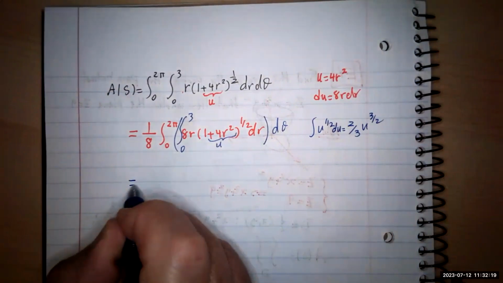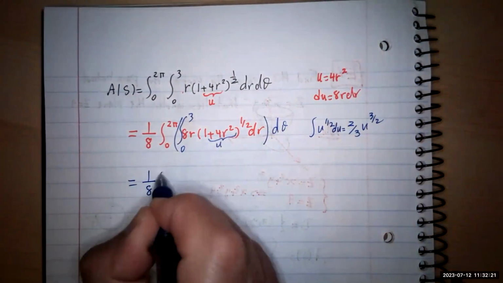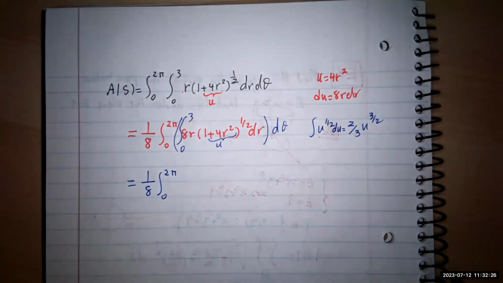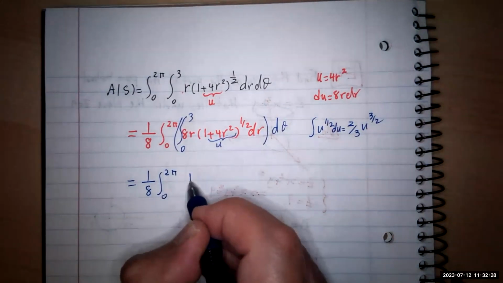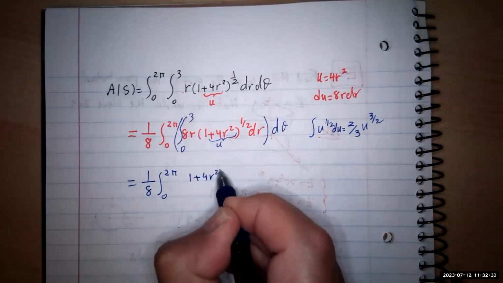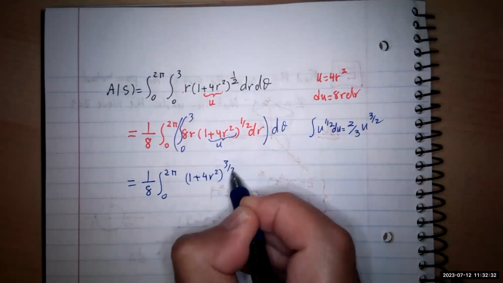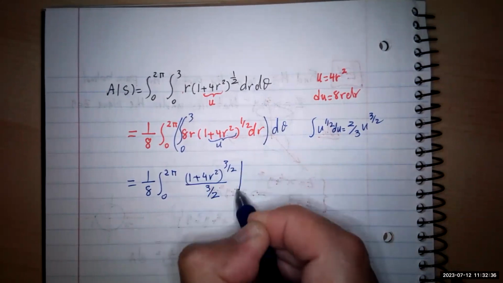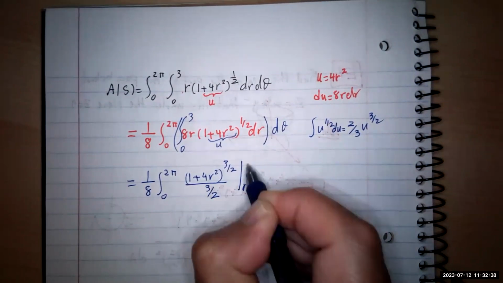So I can go on. It's going to be 1/8, 0 to 2 pi, I integrate this one: 1 plus 4r squared to the 3/2 over 3/2, with r going from 0 to 3.